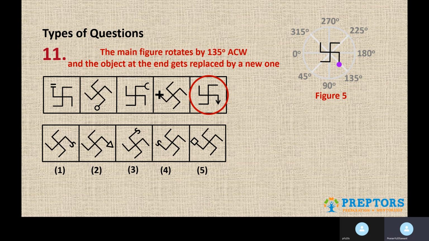Now the same pattern is followed for figure 6. So this is figure 6, and over here there will be a new object added. And if you observe, option 3 is the only answer. So option 3 looks like the answer figure, and a new object is being added.